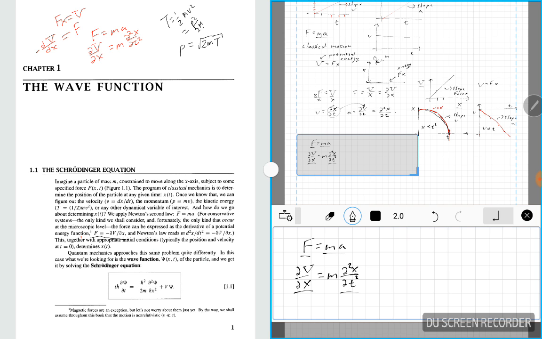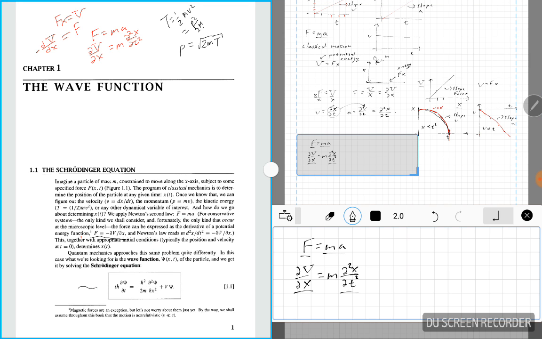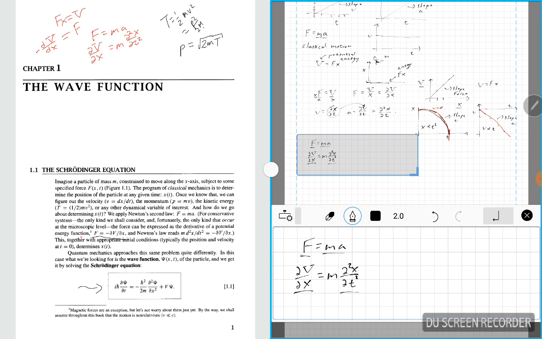When we want to solve a problem with quantum mechanics, however, we now have to consider something else. Instead of supposing that something is going to move upon a trajectory that's defined by these relationships, we have to assume everything is a wave. So everything is a wave, meaning that it's going to follow wave mechanics.